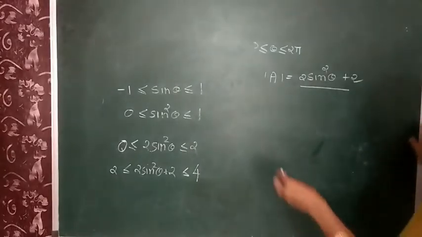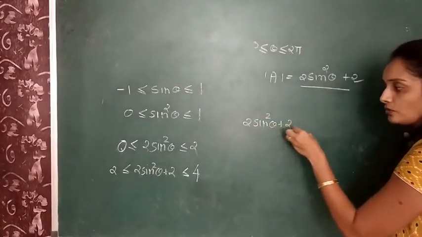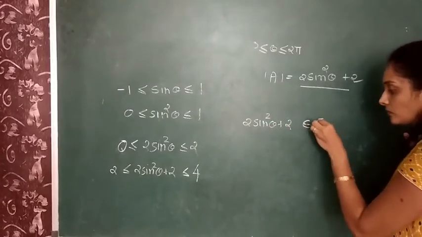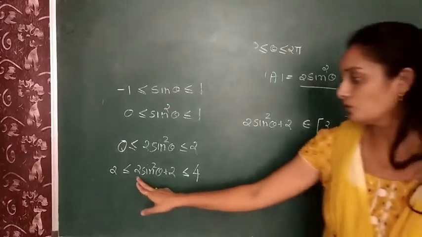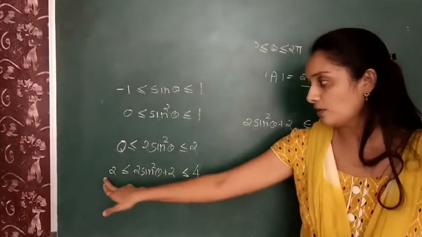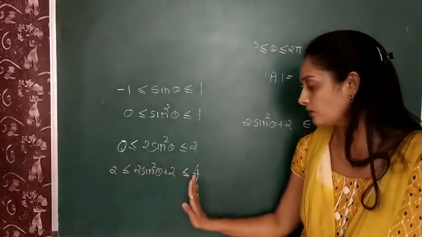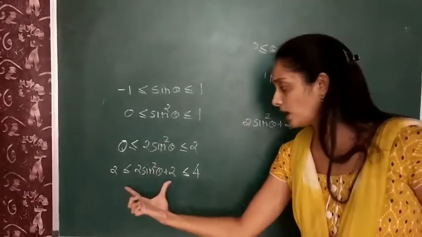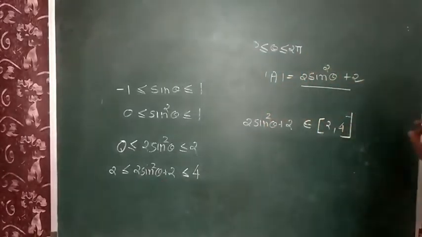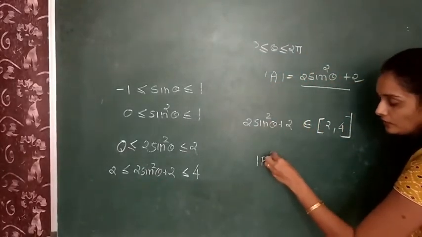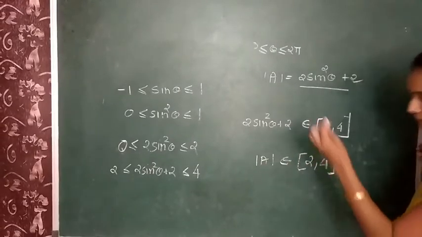So 2 sine square theta plus 2 belongs to the closed interval 2 to 4. 2 is also and 4 is also taken in the range. So determinant of A belongs to the closed interval 2 to 4.